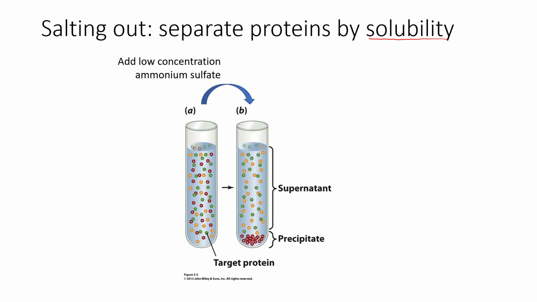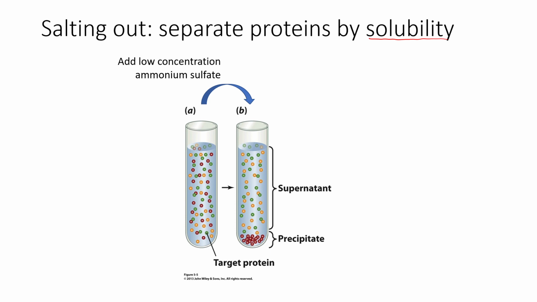So what we'll do is add a salt. For salting out, we frequently use a salt of ammonium sulfate. The reason salting out pulls proteins out of solution and makes some of them precipitate comes from what we talked about regarding the properties of water and solubility. When you have a lot of salt in a solution, the salt ions gather water molecules around them in a shell that helps solvate them.